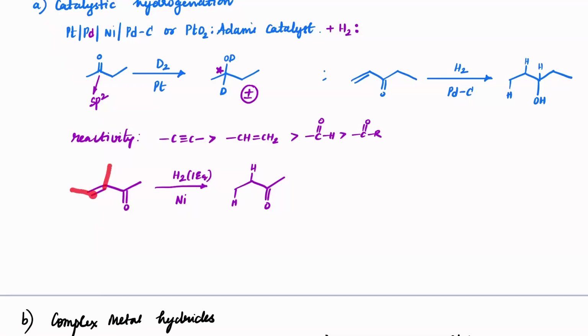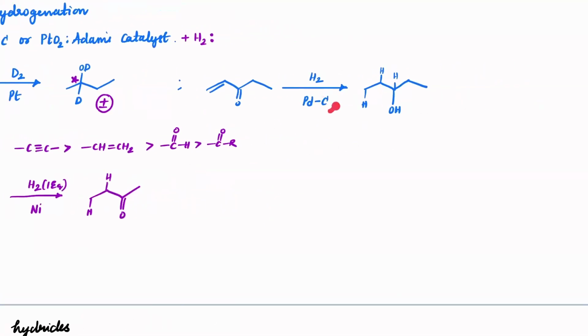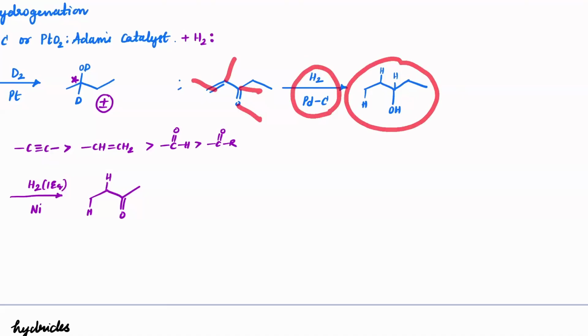That is priority. So with one equivalent, this will be the product. But if you have not mentioned any equivalents, then you will reduce the hydrogen here also and here also. So you will end up getting alcohols in that case.